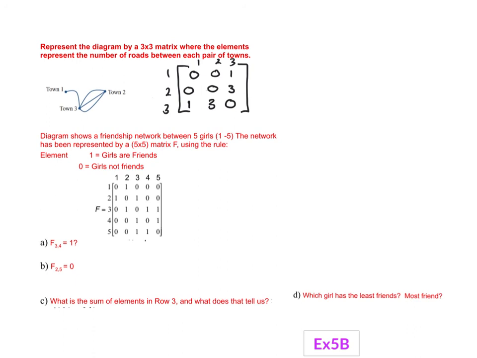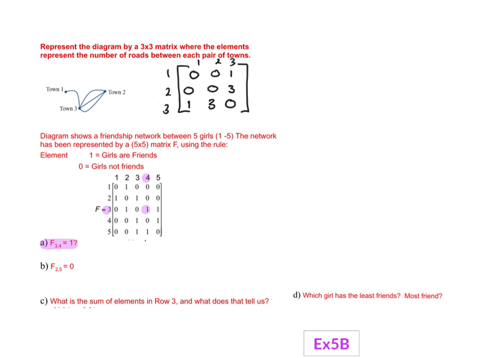Down here, they're giving you the element to go to. They're saying go to row 3, column 4, and we can see there's a 1. They're asking, what is F34? It's 1. And what does that mean?